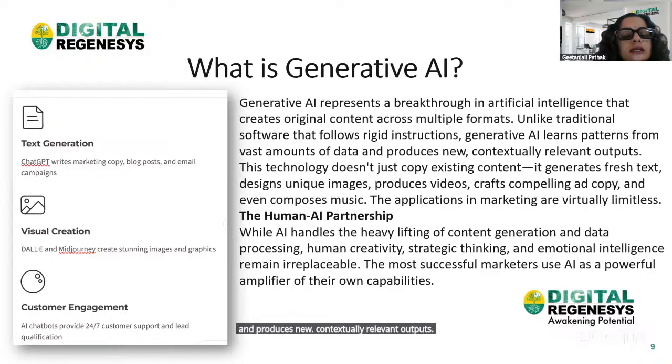This technology doesn't just copy existing content, it generates fresh text, designs unique images, produces videos, crafts compelling ad copies, and even composes music. Something associated with this is a particular AI platform called Suno AI.